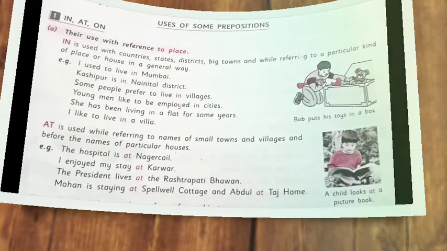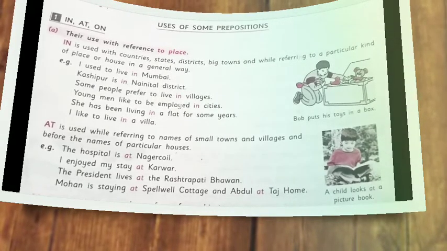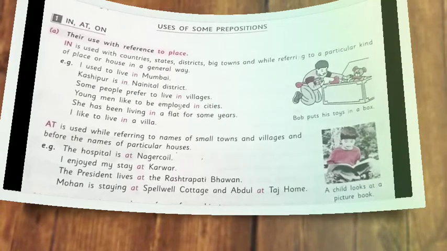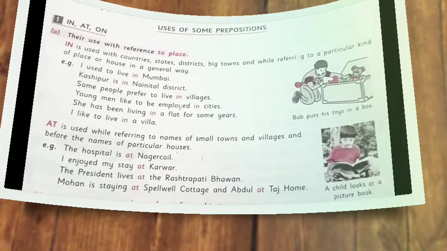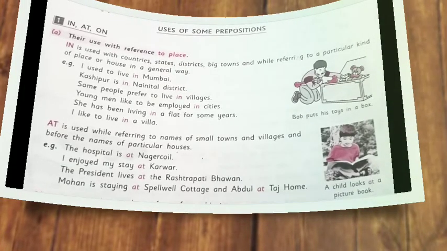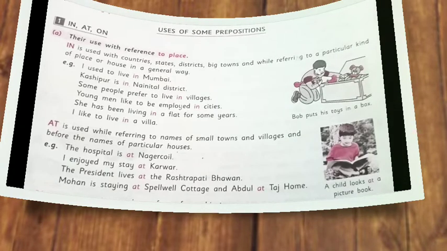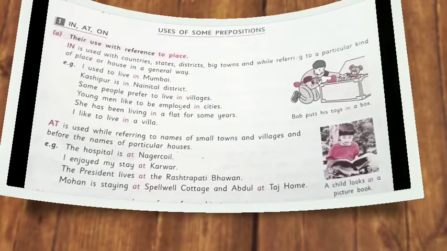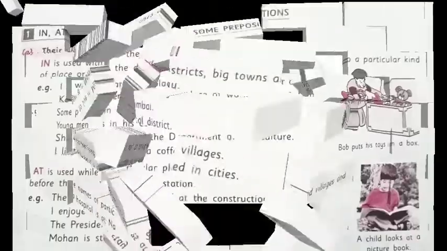At is used with the name of small towns and villages. For example, the hospital is at Nagarkoil. Here, the preposition is at.